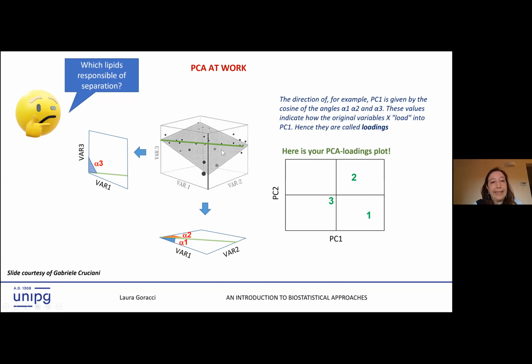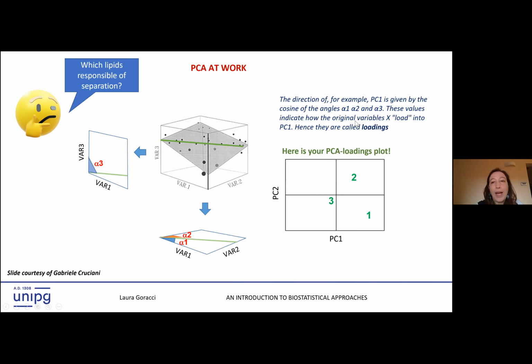To know this, so to interpret our score plot, we need another plot, which is called the PCA loading plot. That can seem more complex, but basically we are now describing the orientation of our principal component in terms of the cosines for the variables, for each variable, okay?